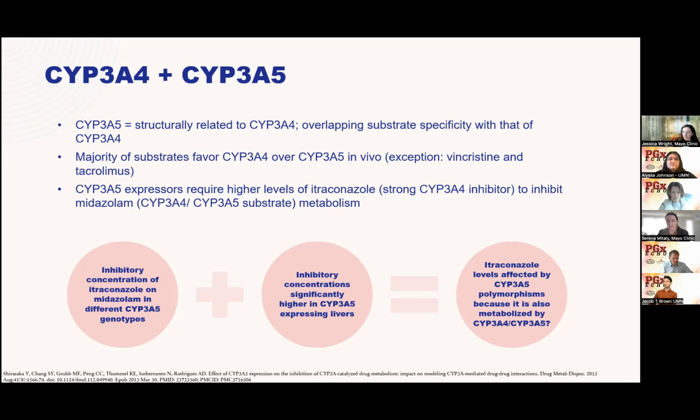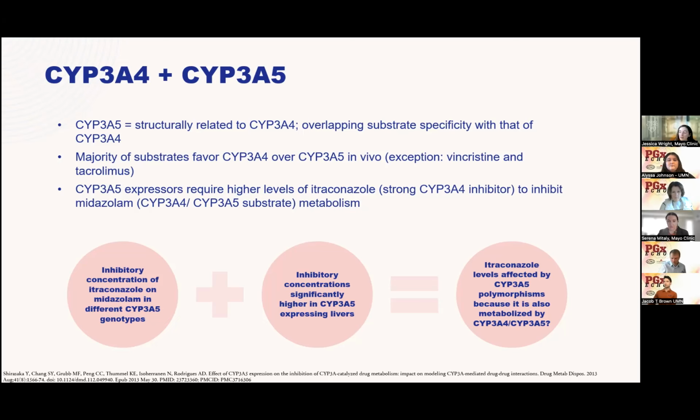So it was pretty interesting in this regard because you would think that itraconazole would just be metabolized by CYP3A4 and it's going to inhibit CYP3A4, but perhaps because midazolam was already being metabolized faster by CYP3A5, then in order to slow down that metabolism, you needed more itraconazole, and that made sense.